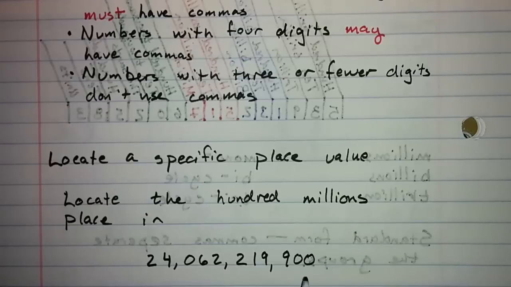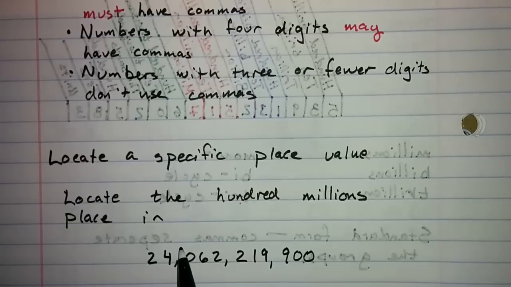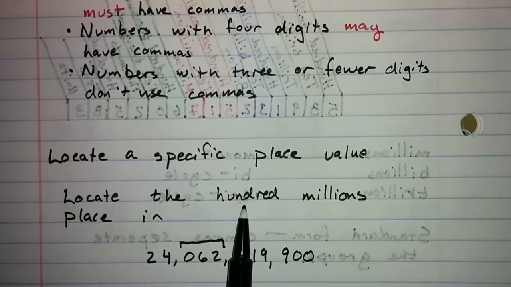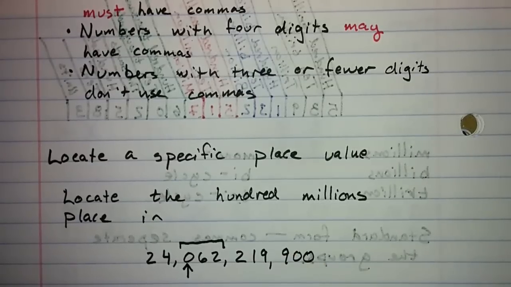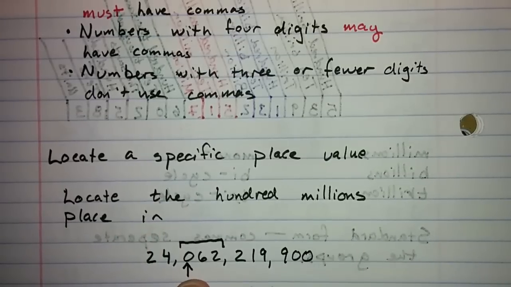Okay, we've got the units group, the thousands group, the millions group. We want to locate the 100 millions place: millions, 10 millions, 100 millions. Here it is. We might ask this question as: what digit is in the 100 millions place? The answer, of course, in this case is 0.